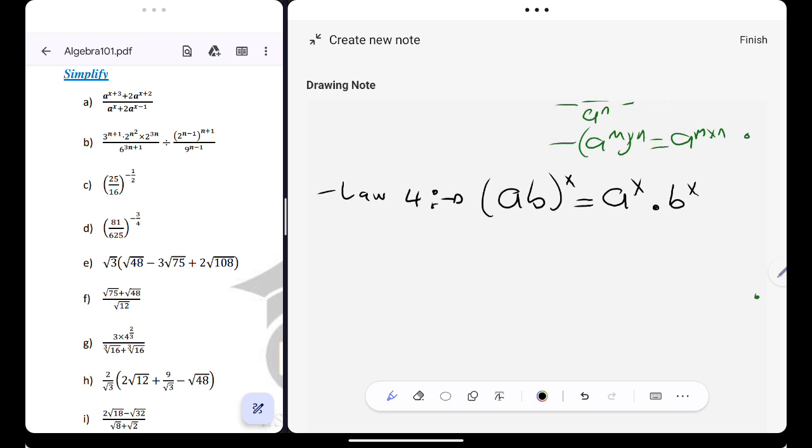For example, if you have 2 multiplied by 3 all squared, it's the same as saying 2 squared multiplied by 3 squared, which is 4 multiplied by 9, and you'll get 36.